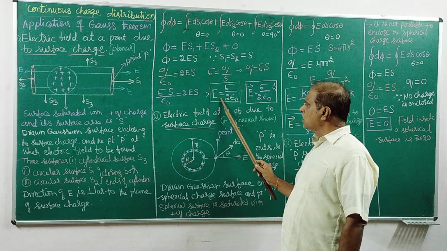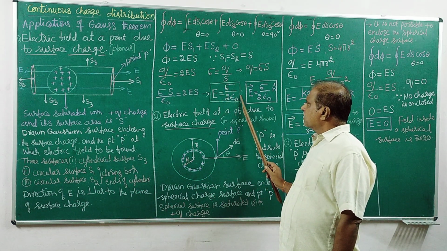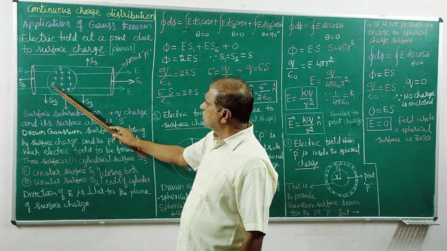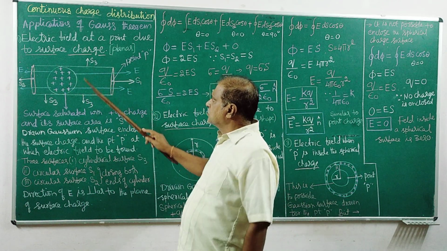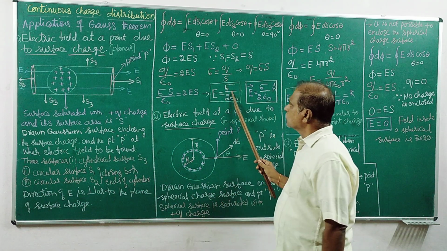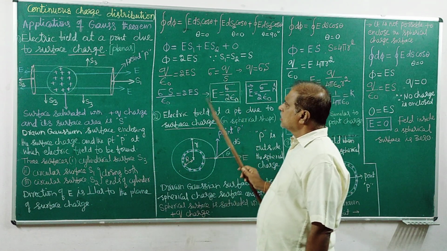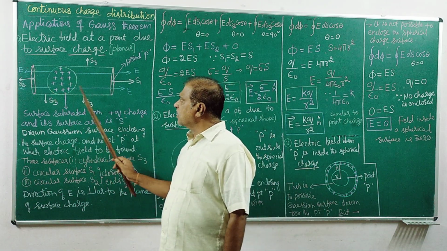What is E equal to? The magnitude of the electric field at this point due to this surface charge. The magnitude depends only on the surface density of the charge.